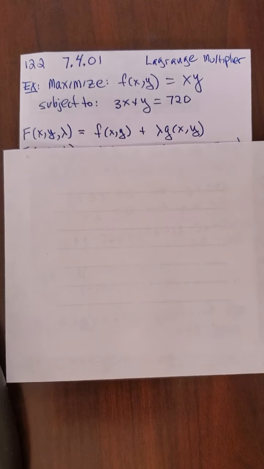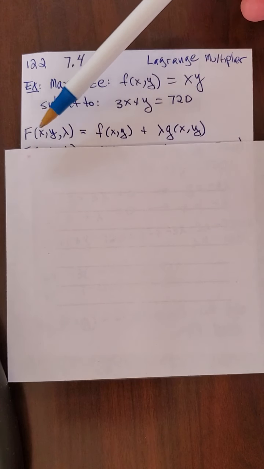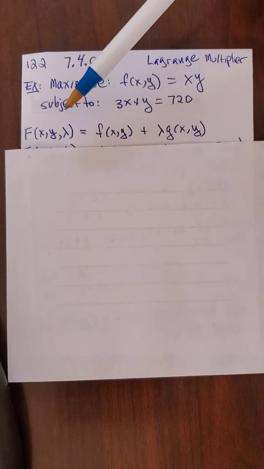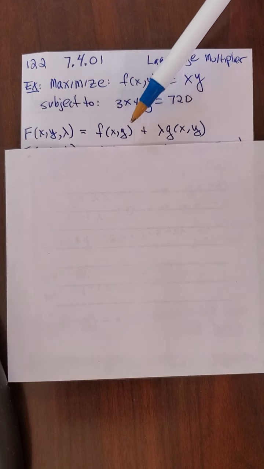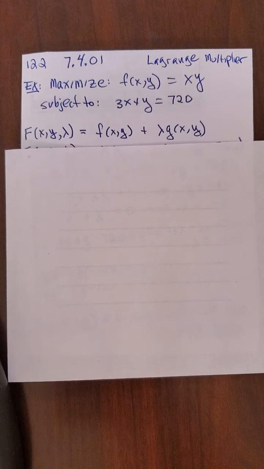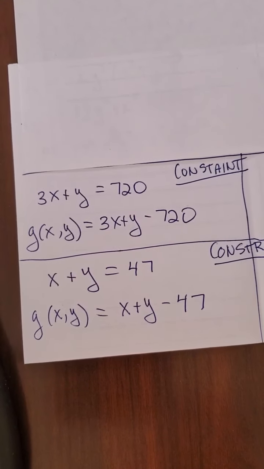First, we have to create a function capital F of x comma y comma lambda. Now there was no lambda here. We just invented a lambda. And that's going to be equal to f of x comma y, which we had up here, plus lambda times g of x comma y. Now g, what is g of x comma y? G is based on the particular constraint.